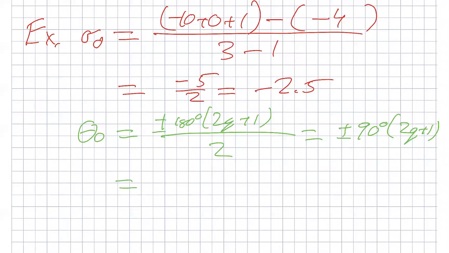And so if we plug in q equal to 0, we end up with plus or minus 90 degrees, right? This is for q equals 0. If we plugged in q equals 1, we'd end up with plus or minus 270 degrees. And we could keep going, but pretty soon we can see right here we have two angles, right?